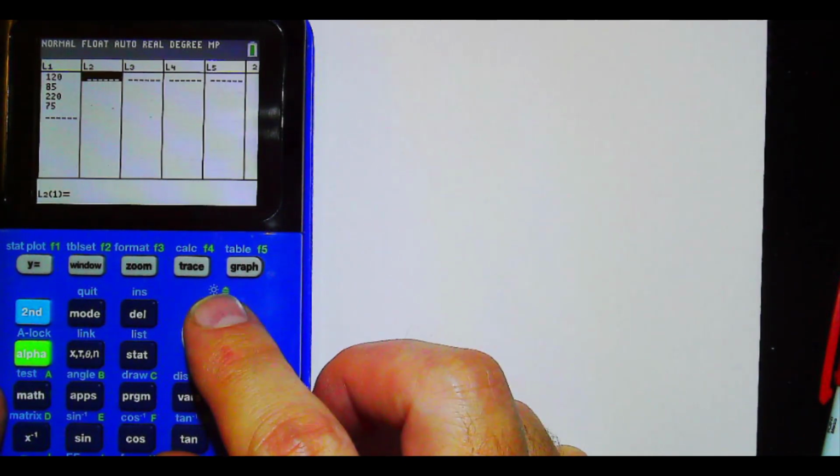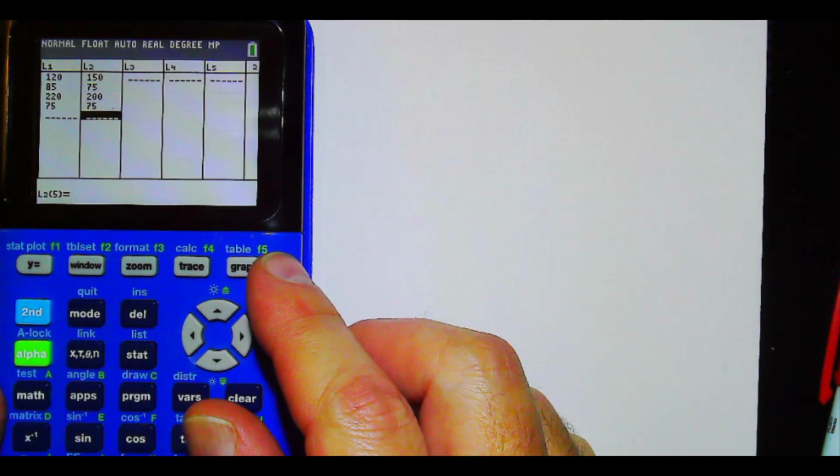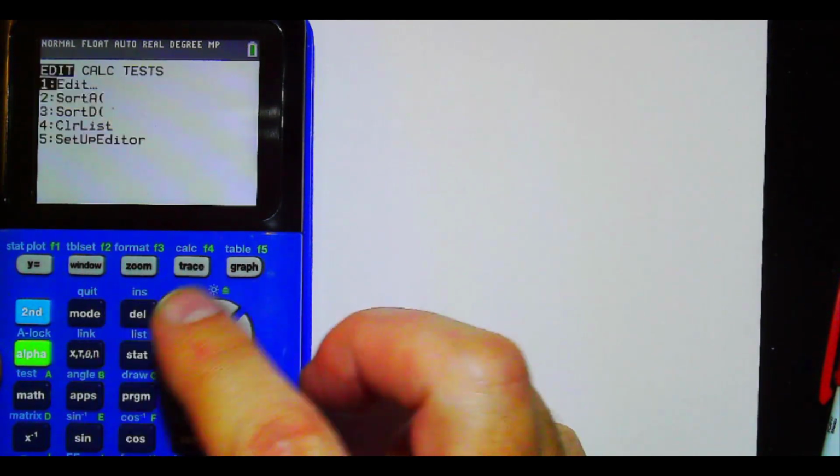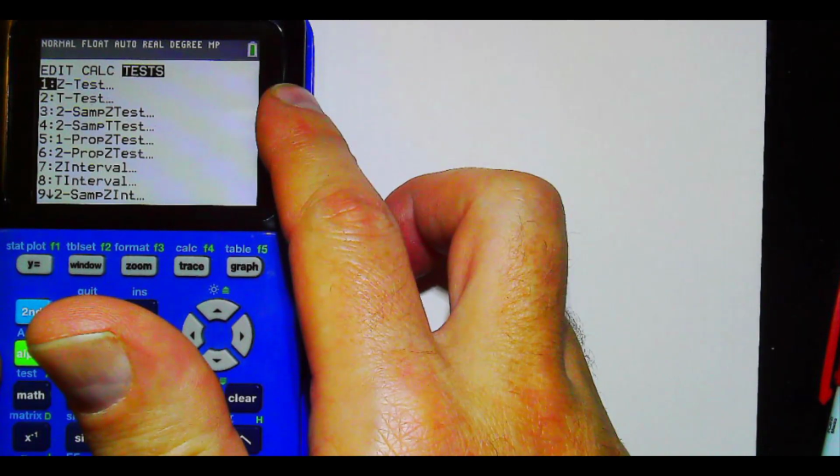The expected values were 150, 75, 200, and 75. So I've typed those in, so second quit. I'm now going to go to Stats and then Tests.